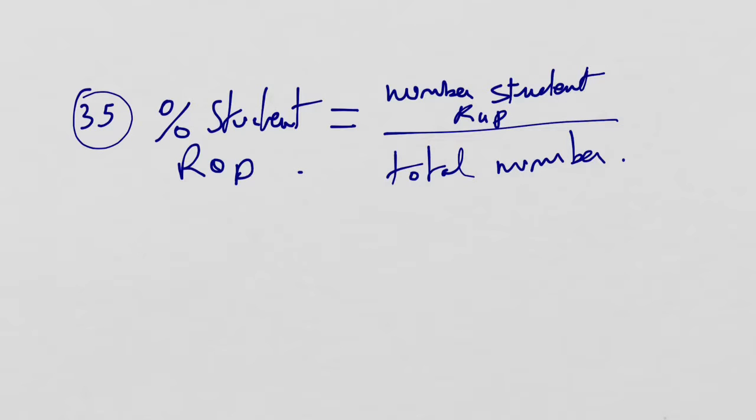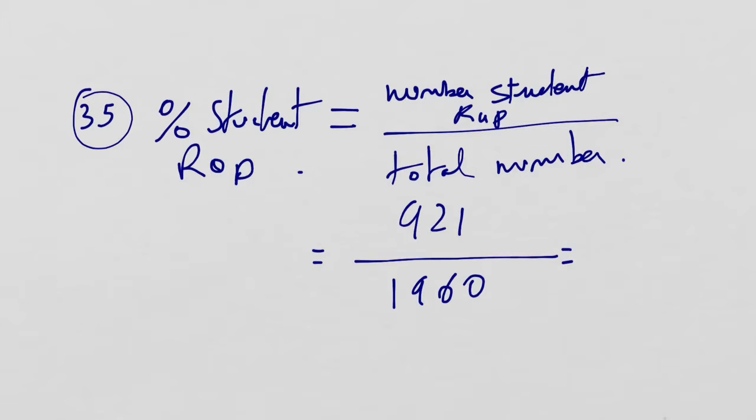The total number of students is 1960 when you add all the numbers, and when you take just the rap, which is 921, you end up with 47%.